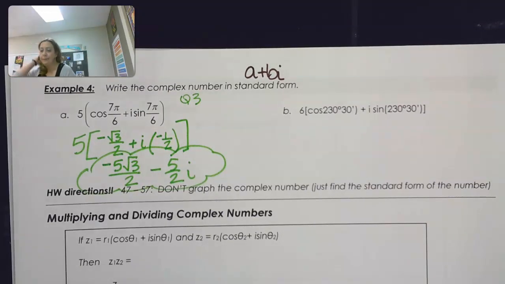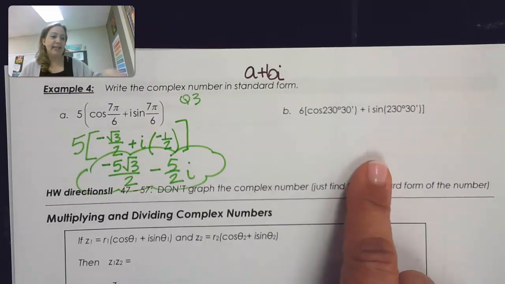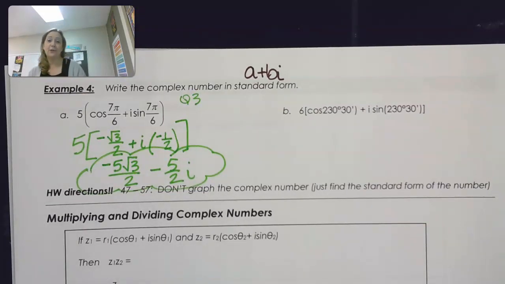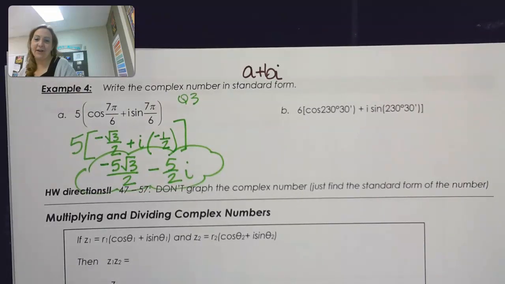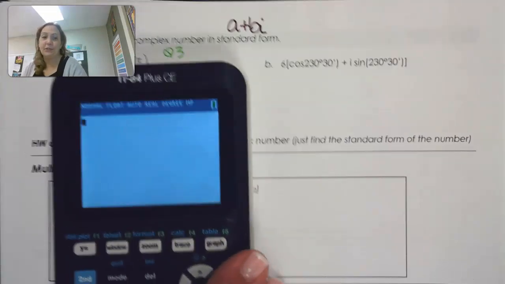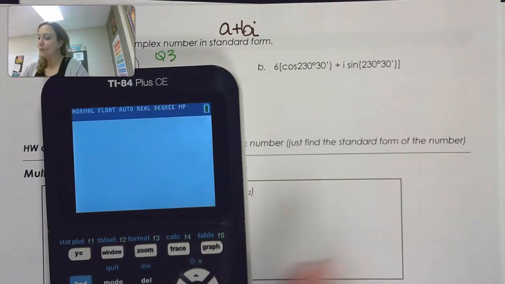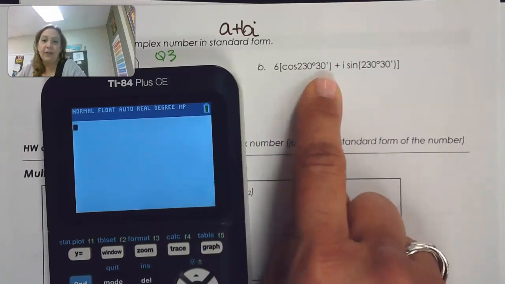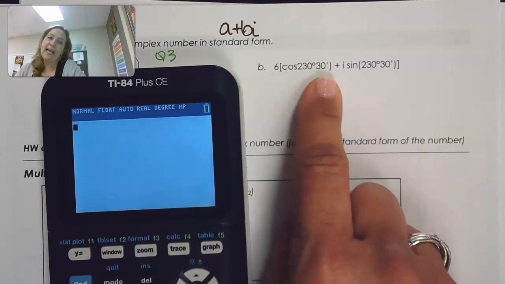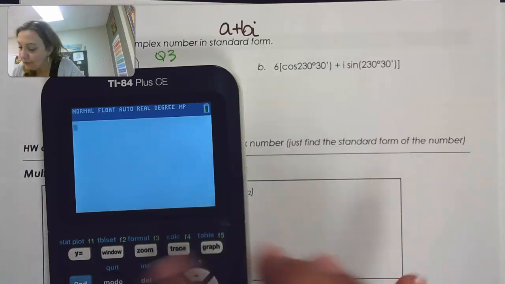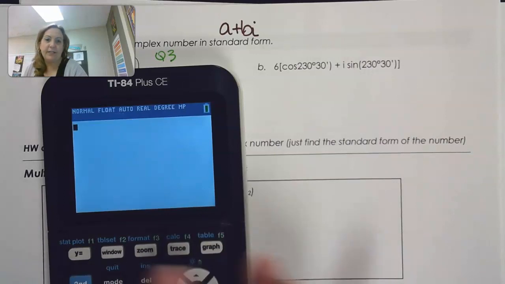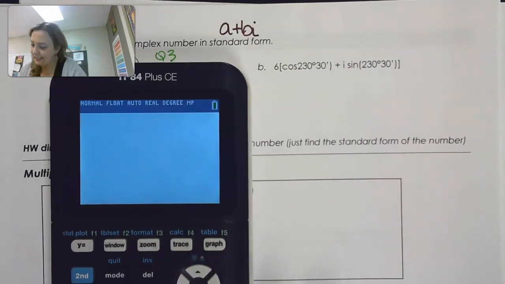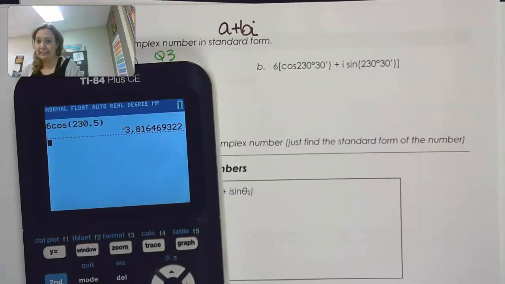Okay. Now, if I'm looking at letter B, I can do the same thing, except I'm not sure what the cosine of 230 degrees and 30 minutes is, or the sine for that matter. So here's a question where you would just use your calculator to help us out. I know that 30 minutes is 1/2 a degree, so I'm going to make sure I'm in degree mode. Okay, looking good. I'm just going to take 6 times the cosine of 230.5, because that's really all that is.